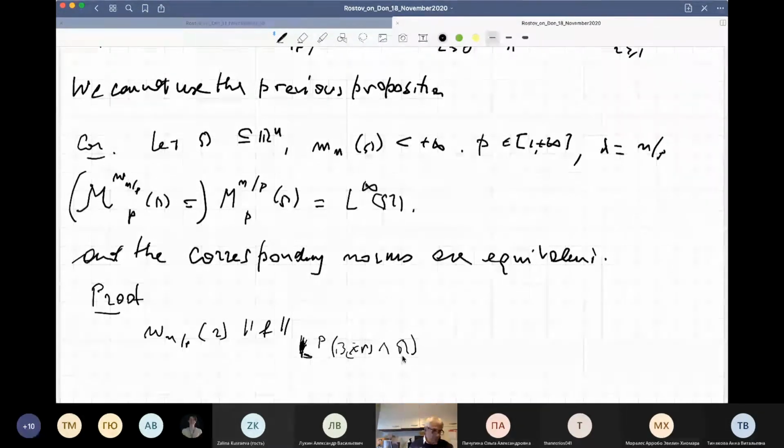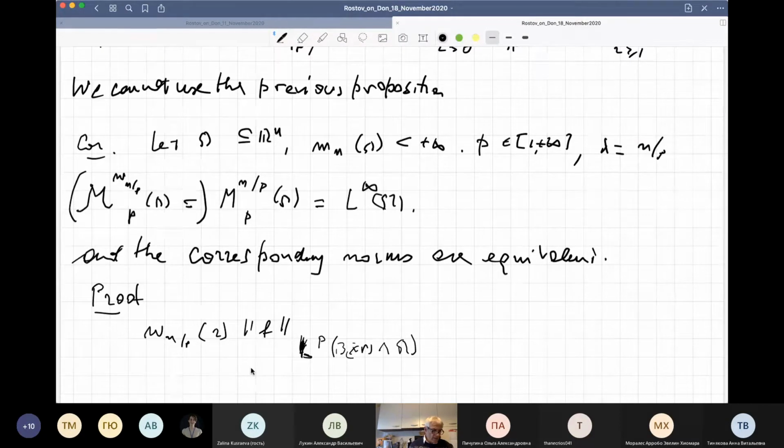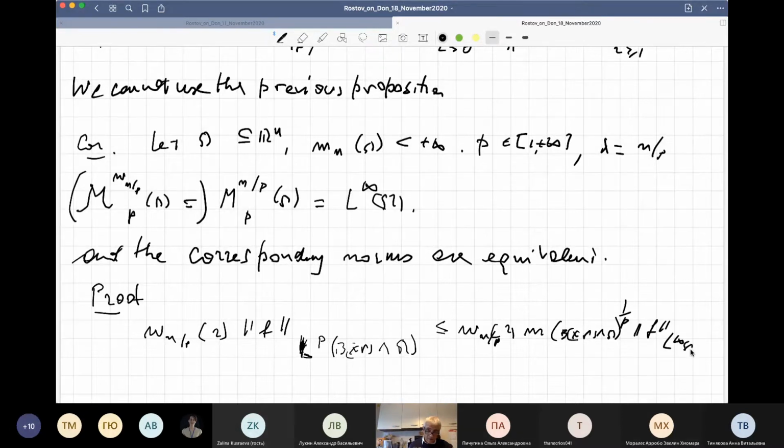It's by the Hölder inequality, as we have already seen, so I can go a little faster because we already did it. Okay, this we already observed.